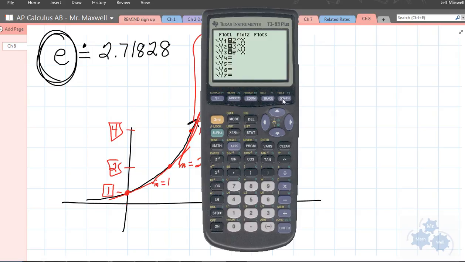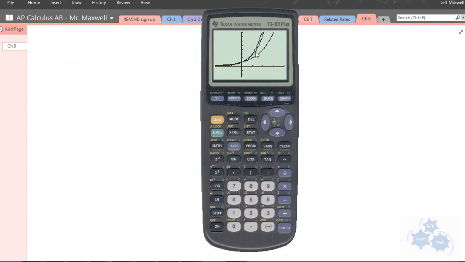And you're going to see that it'll graph right in between 2 and 3. Now it's going to be a little bit closer to 3 because 2.7 is quite a bit closer to 3 than it is to 2. But that's where it is, right there. And so the derivative at y equals 1 is 1. The derivative at y equals 2 here is 2, and so on.